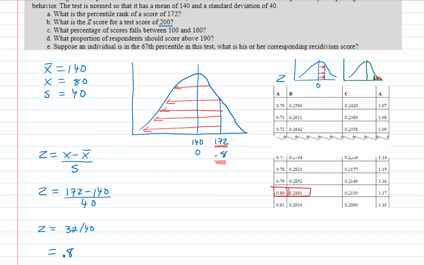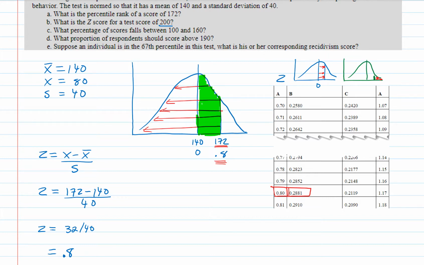Now, here's where things get just a little bit more complicated. These tables are set up to give us the area, again, between the mean and a z-score. In this problem, we're interested in the percentile value. So that's going to include, certainly, this area in here in green. That's the area that we're getting off of the z-table.